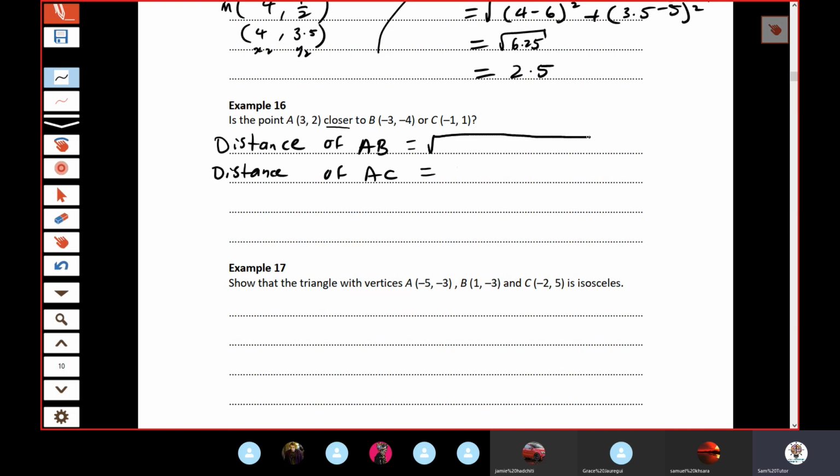So distance of AB, A and B. All right. Square root, open bracket, -3, take away 3, squared, plus. You're realizing it's all formulas. Square root, AC, -1, take away 3, squared, plus, open bracket, y1 take away 2, squared.